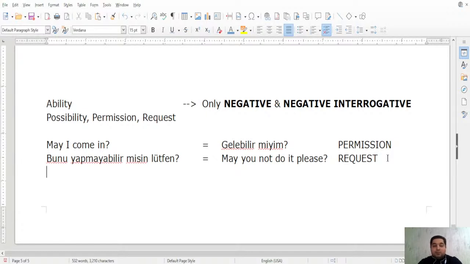What about, let's say, ability? For example, can't I do it? So this now is ability, therefore negative interrogative. Bunu yapamaz mıyım? Okay, so this is different now. It's not similar, this is ability.